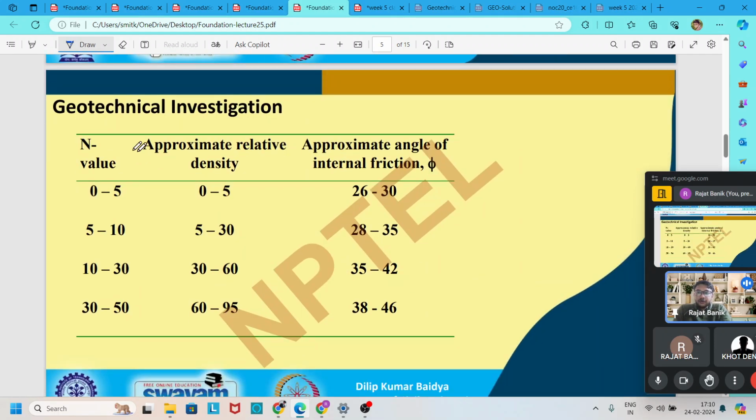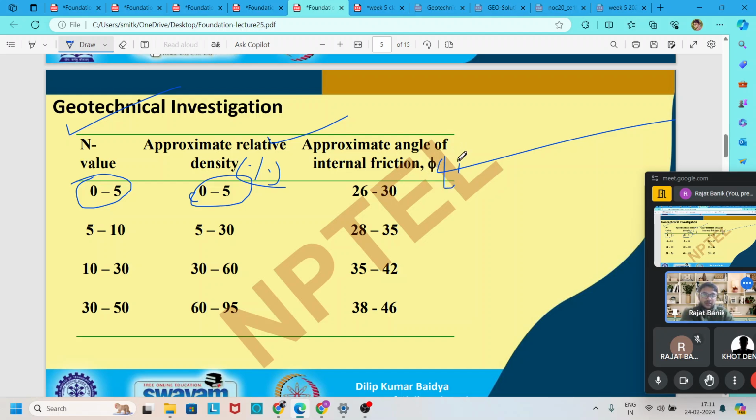So now we have to find the correlation between this SPT number and different engineering properties, like relative density and the angle of internal friction of the soil. If the SPT number is between 0 to 5, then our relative density is between 0 to 5%, the scale is in percentage, and our angle of internal friction is 26 to 30 degrees.